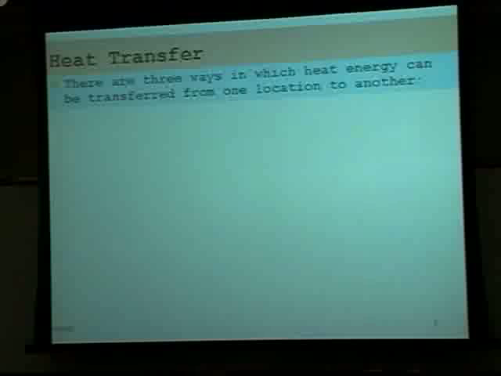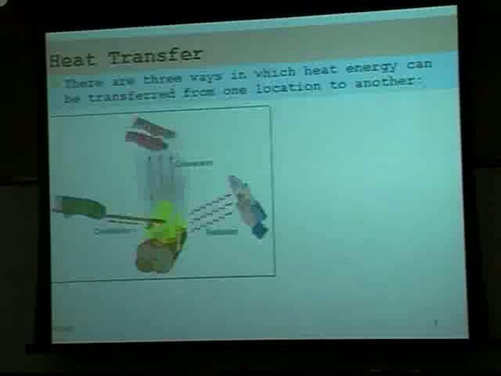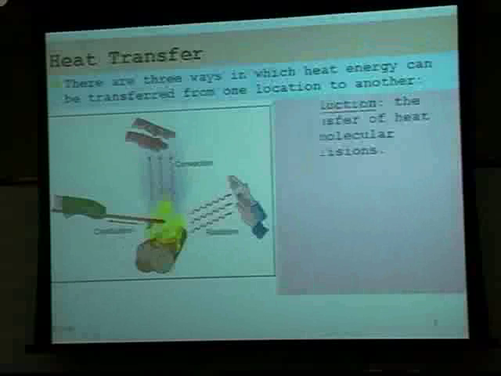I was being sarcastic. Heat transfer, we're going to take a slight detour from what we discussed last time, and then we're going to get back into that same general area. Heat transfer: 3 ways in which heat energy can be transferred from one location to another. This diagram illustrates all 3 types of heat transfer.